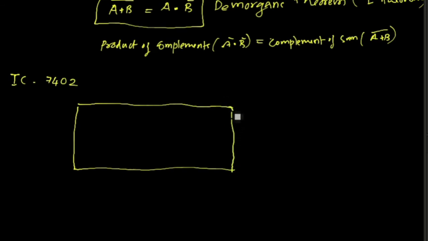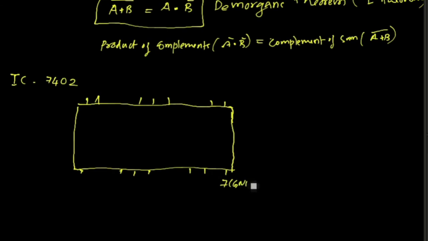So pins 1, 2, 3, 4, 5, 6, 7, then 8, 9, 10, 11, 12, 13, 14.